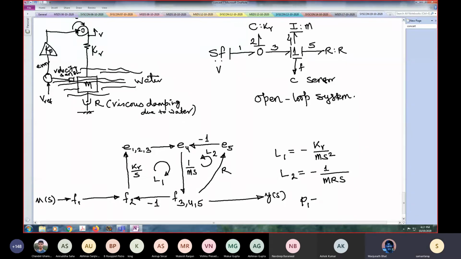Right. Let me do Control Z. Yes, fine. So we have the forward path. This goes to Kr by S, then goes to 1 by ms. That's it. Okay, so Kr by ms square.